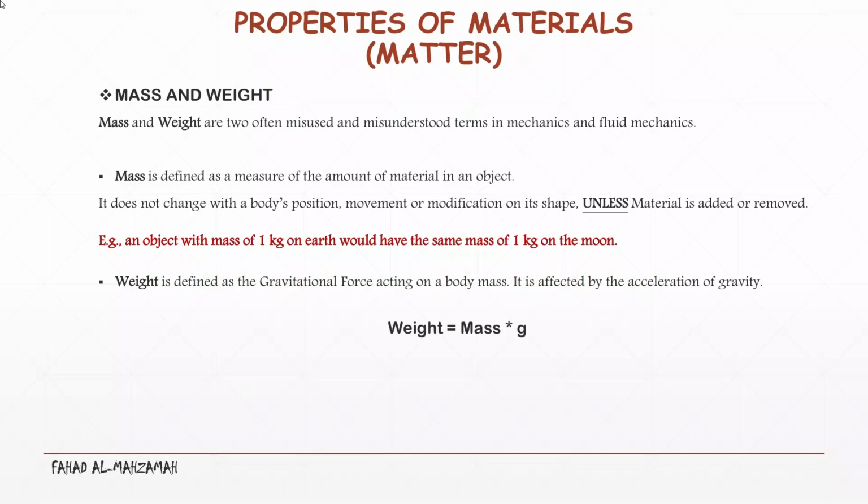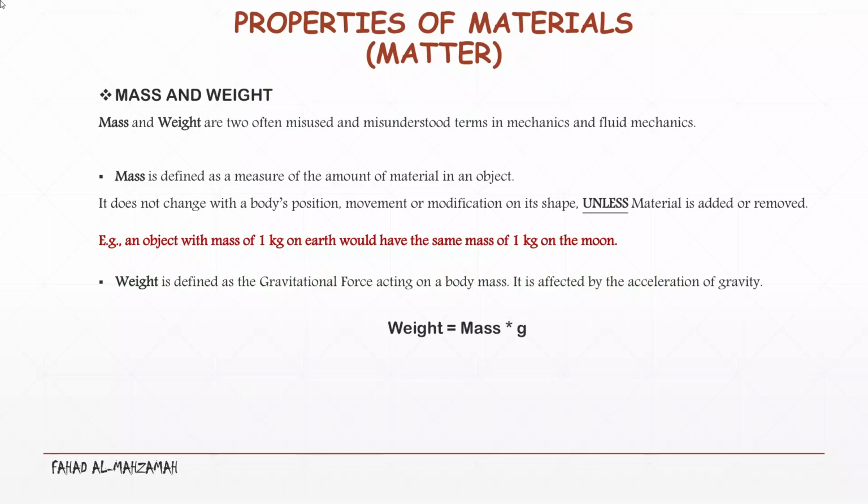So what about the weight? Weight is defined as the gravitational force, how this force pulls the object toward a specific location. So it's a gravitational force acting on a body's mass. It's affected by the acceleration of gravity, and we can say that weight equals mass multiplied by the acceleration of gravity.